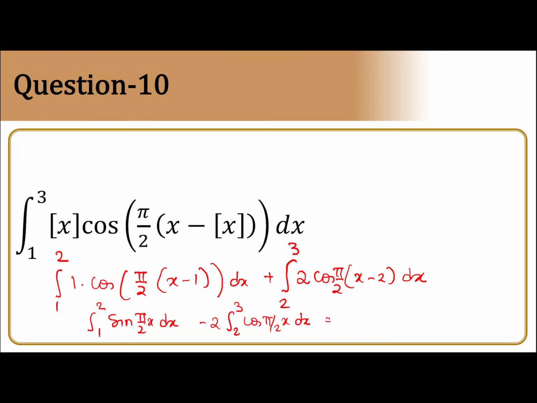So this will give you, for 1 to 2, minus 2 by pi cos(pi/2 x), minus, for 2 to 3, 2 by pi sin(pi/2 x).